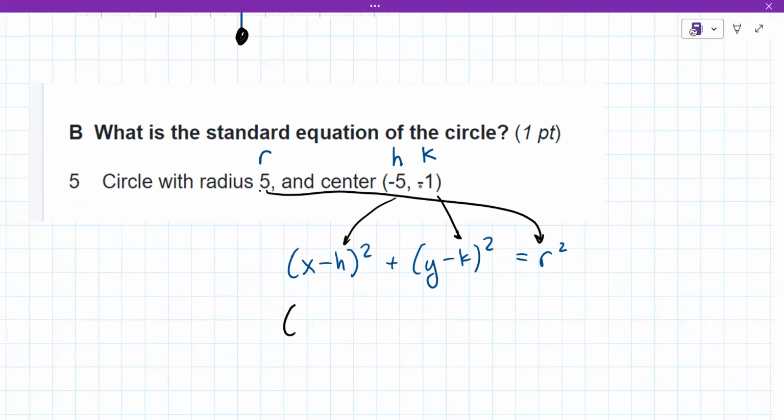So it looks like this, x minus a minus 5. The reason it's two negatives is that h is independent of the subtraction operator. It's totally independent. Now, in this case, you have to combine the two negatives, x plus 5 squared like that.